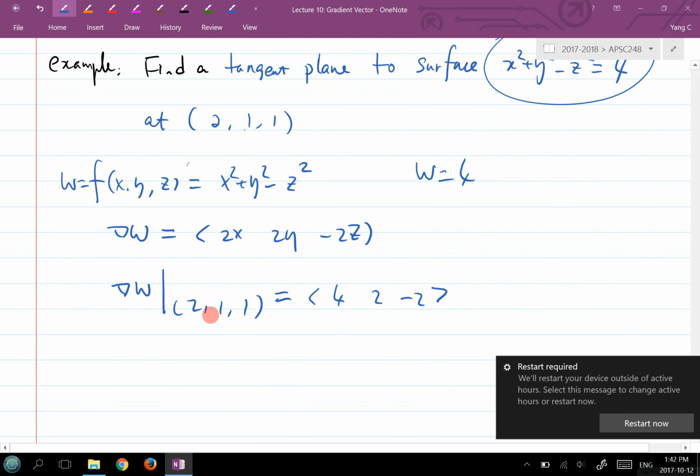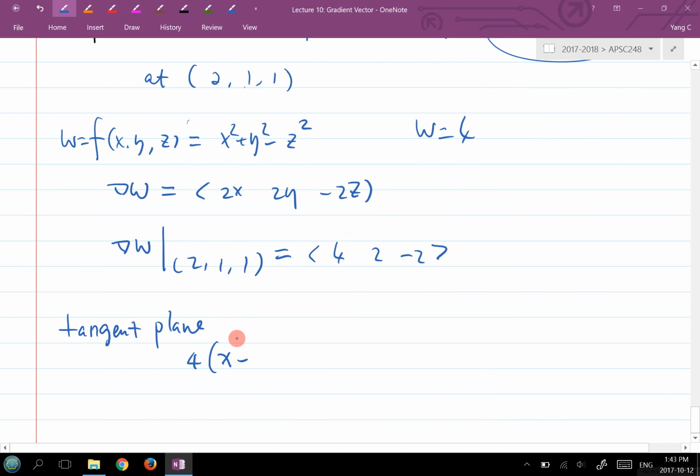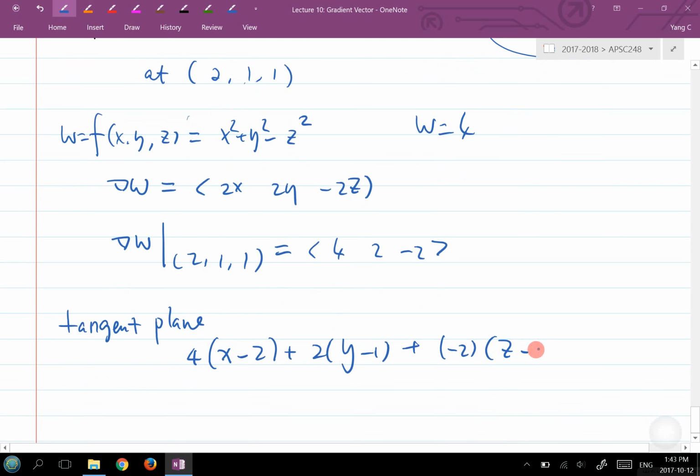Once you get this gradient vector, that will be the normal vector that you will use to create the tangent plane. So the tangent plane is 4 times (x minus 2), plus 2 times (y minus 1), plus negative 2 times (z minus 1).